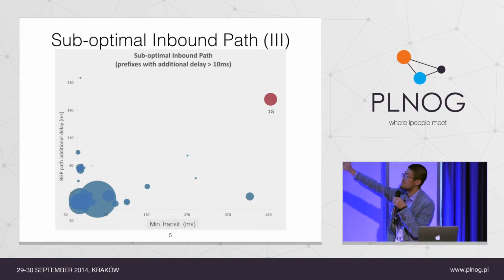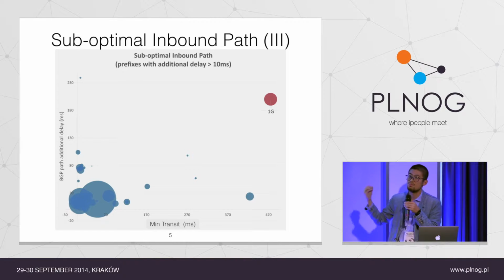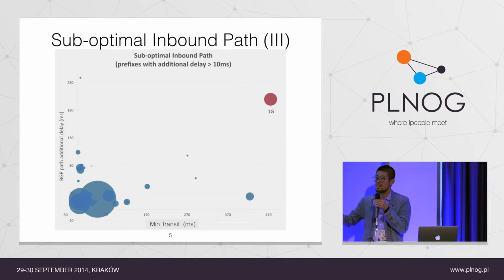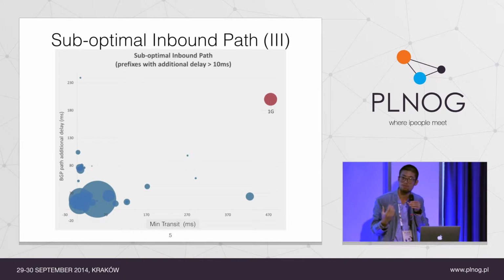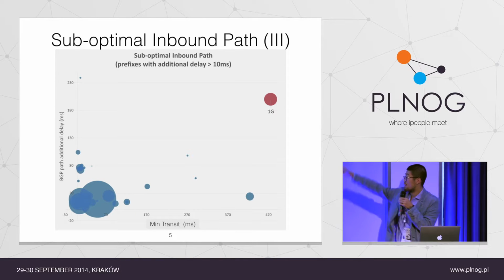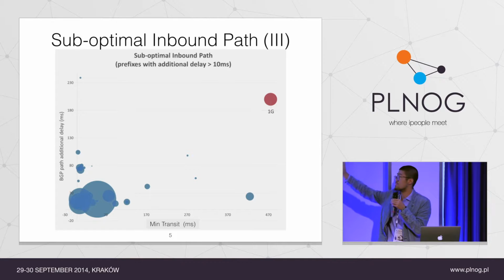The additional delay here means the difference between the BGP performance and the minimum delay performance we can have with one of its transits. And their size is proportional to the incoming volume sent by this remote prefix. And the red bubble high above is a reference bubble. It represents 1 gigabyte of incoming traffic.